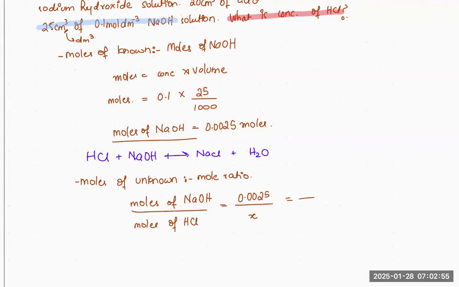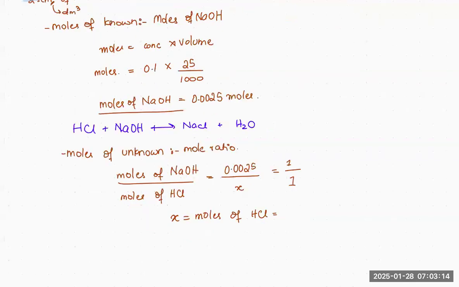Is it a 1-to-1 ratio? Yes, it's a 1-to-1 ratio. So what will be the value of X? What are the moles of HCl? It will be the same, 0.0025. Yes, correct.